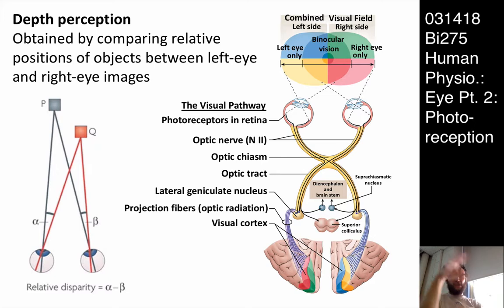It can do other things lower than that, but for it to reach our conscious awareness, it has to synapse in the thalamus. The lateral geniculate nucleus is the part of the thalamus that we're talking about. And you can see here that the synapse in the lateral geniculate nucleus is the last stop before it projects to the visual cortex in the occipital lobe.